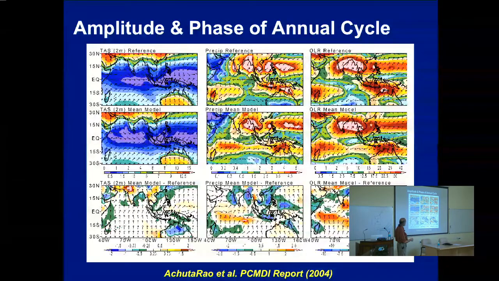So you get an idea of the collection of models. Do they all have the same kind of error? Is there a different error in each model, or are they all deficient in some common way? Okay? That's one kind of question you can ask.